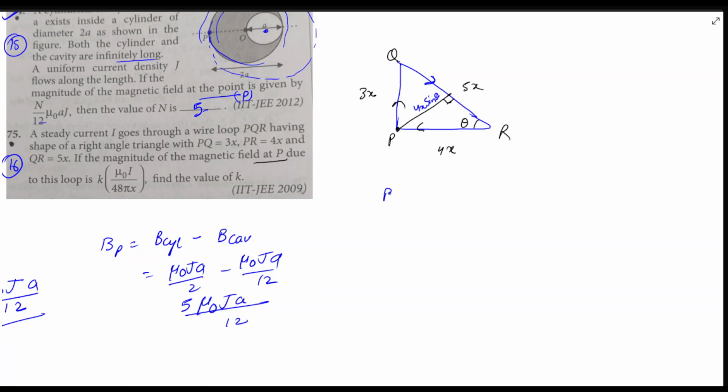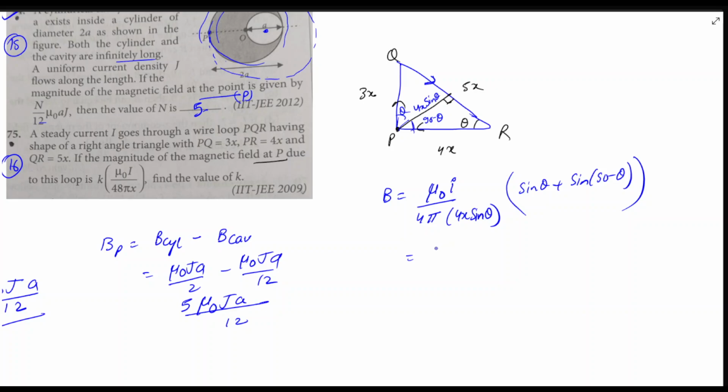So the magnetic field will be mu naught I by 4 pi into the perpendicular distance, which will be 4x sine theta, into sine theta 1. So sine theta 1 will be this, right? So this is theta, this is 90 minus theta, and this will be theta. So it will be sine theta plus sine 90 minus theta, right?